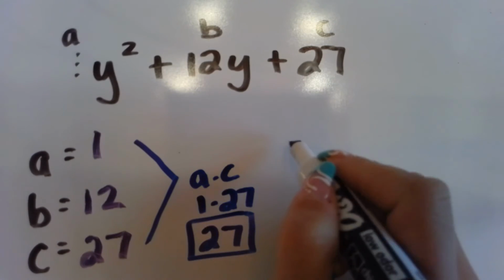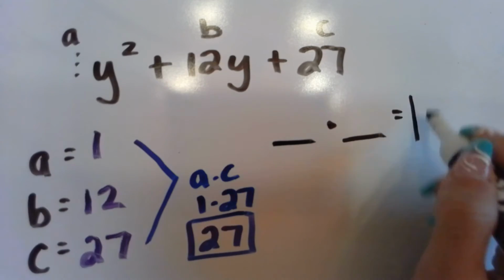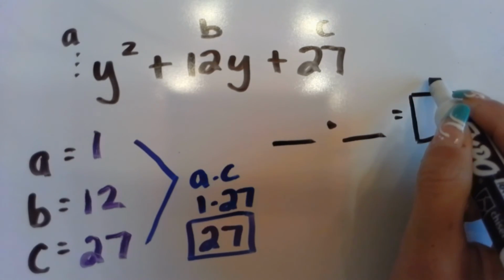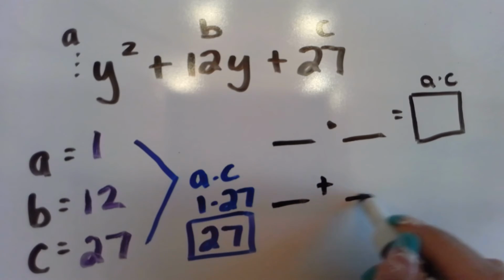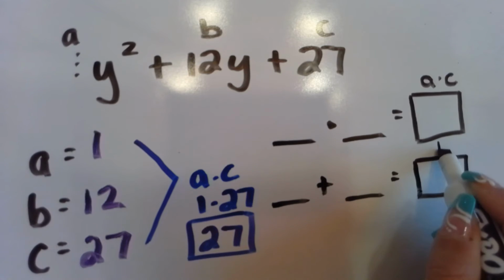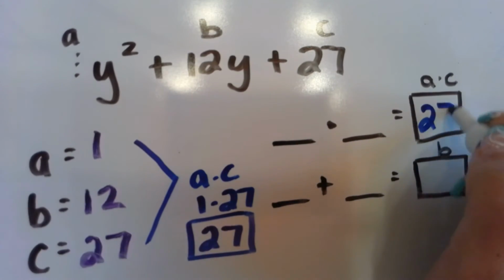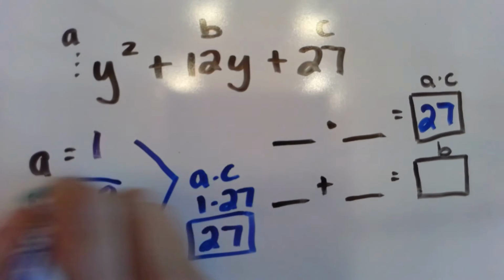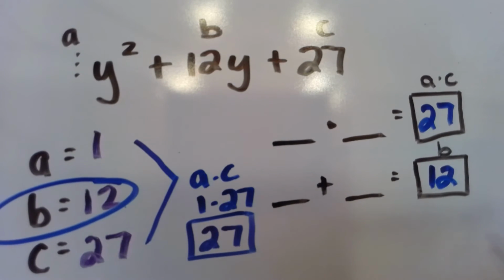So we have blank times blank has to equal A times C, and blank plus blank is going to have to equal whatever B is. Our A times C we determined is 27, so I'm going to write 27 right here. And our B is right here, and it is 12.